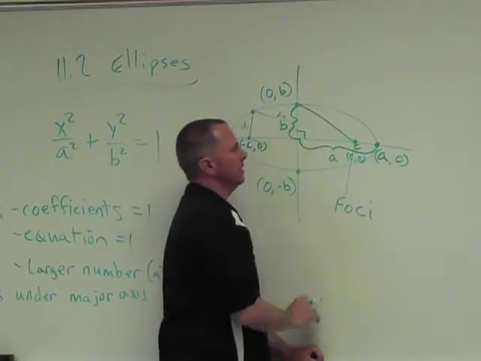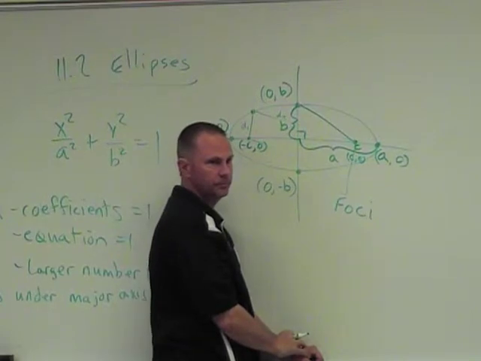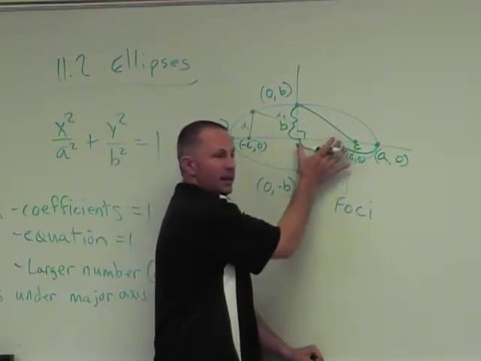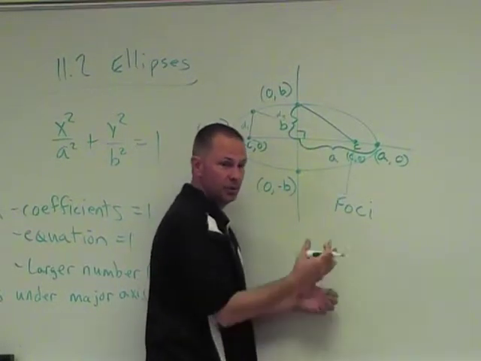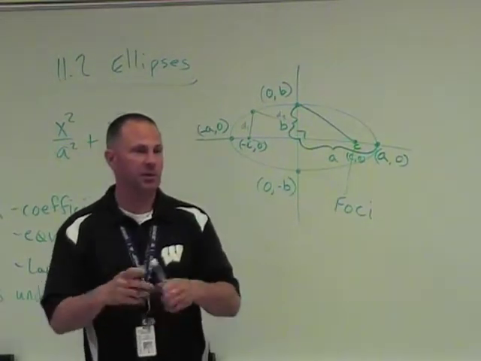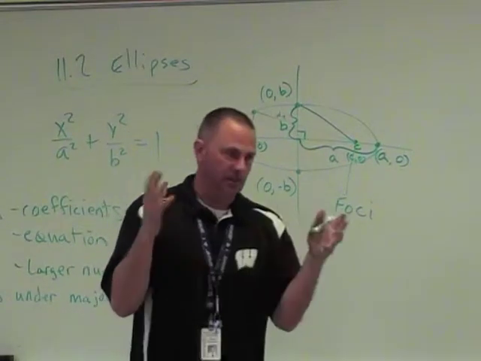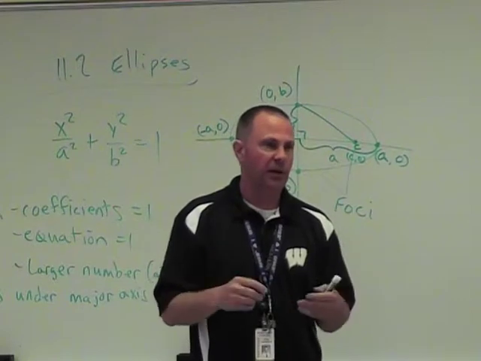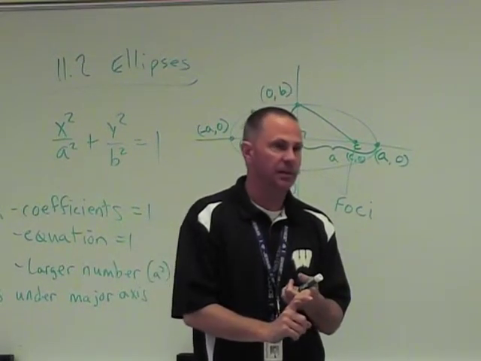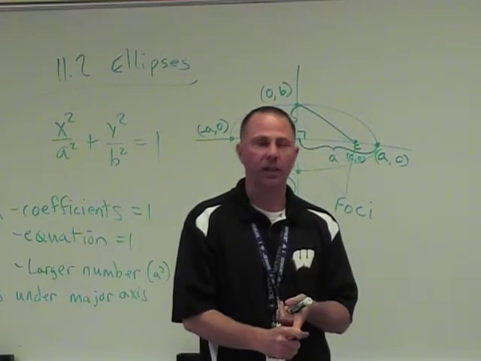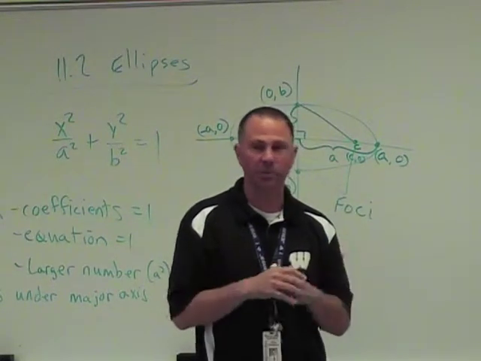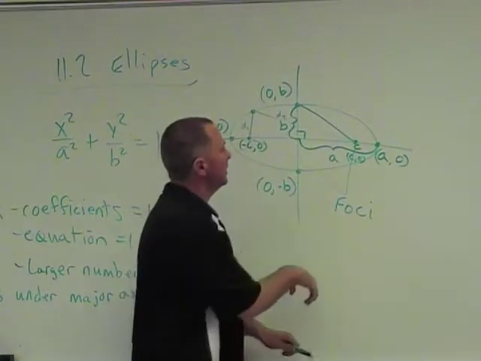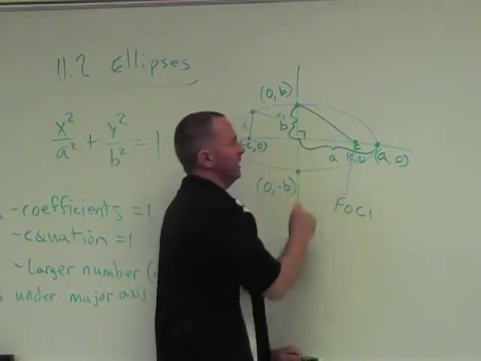This is a right triangle. This is not a, this is c. Normally in a right triangle we say a squared plus b squared equals c squared, but it doesn't have to be those letters. What are you doing in the Pythagorean theorem? You square the legs and add them together, and that equals the square of the hypotenuse. It doesn't matter what variables you're using. So you need to understand that this is c and that's b.